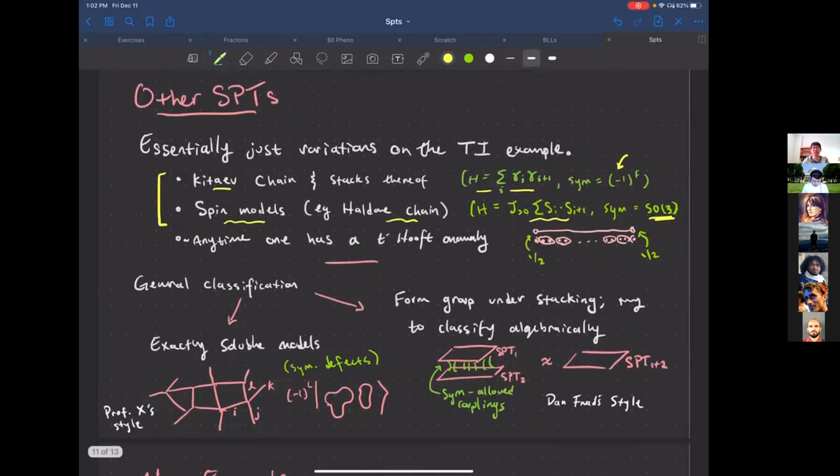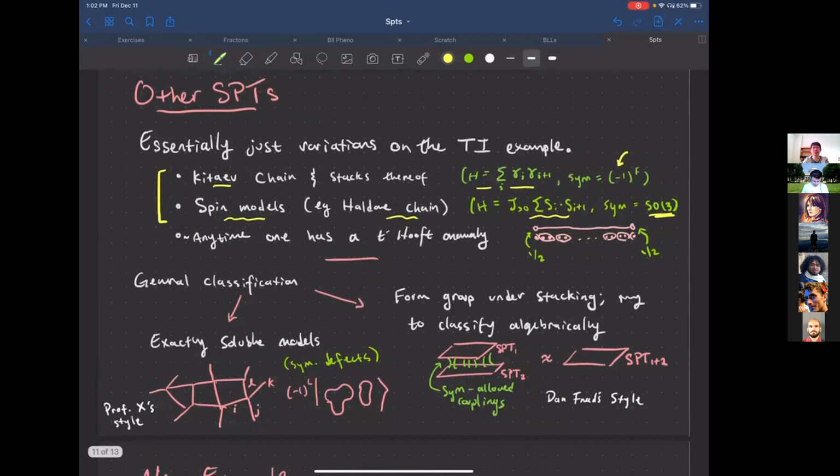If you want to explore SPTs more generally, there are 2 plans of attack you can take. One plan of attack is to try to write down general lattice models that give you these kinds of topological responses. This is the style of Xiaogang and his affiliates.